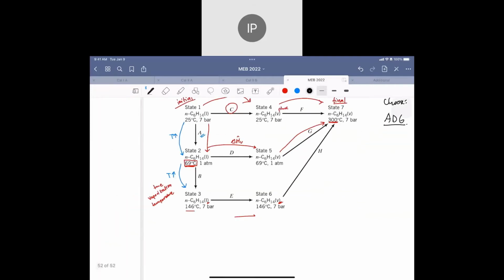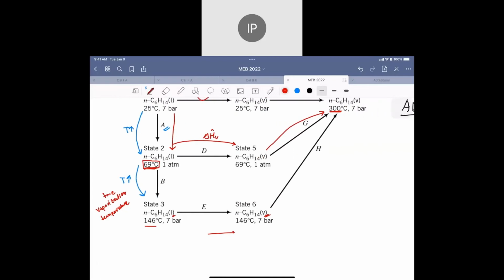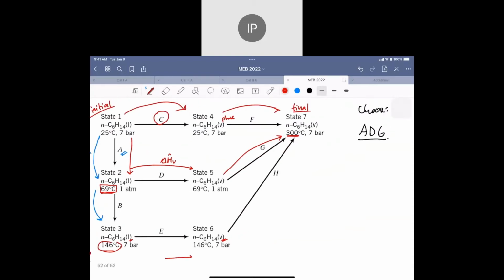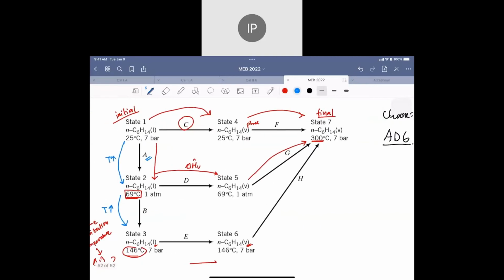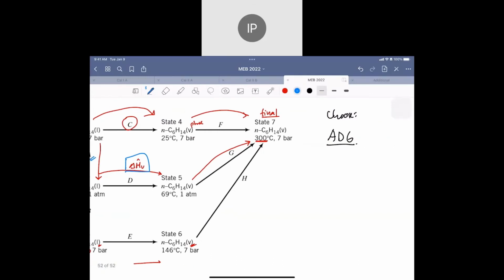Because for the other path we are not sure. This one, they said it's through the vaporization temperature, but we don't know exactly what the enthalpy of that is. So we cannot really figure out state 3, so we couldn't follow that path. We go for ADG because the important thing is the delta of heat of vaporization at the normal boiling point.